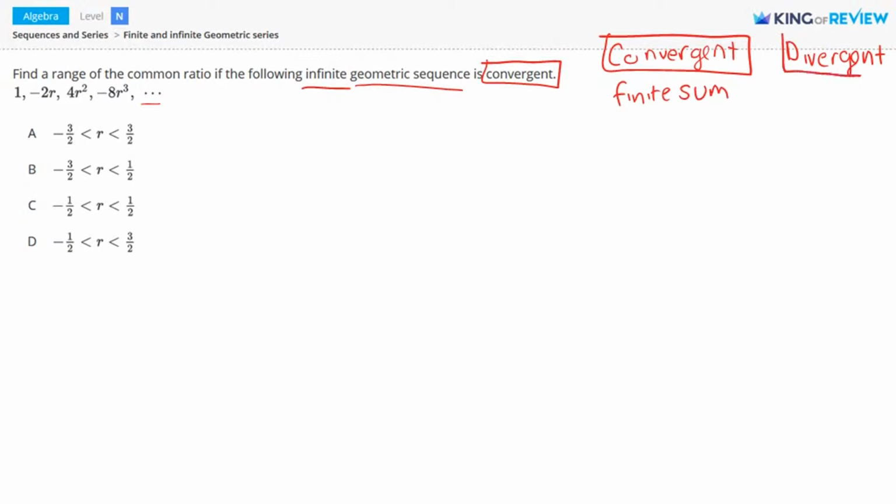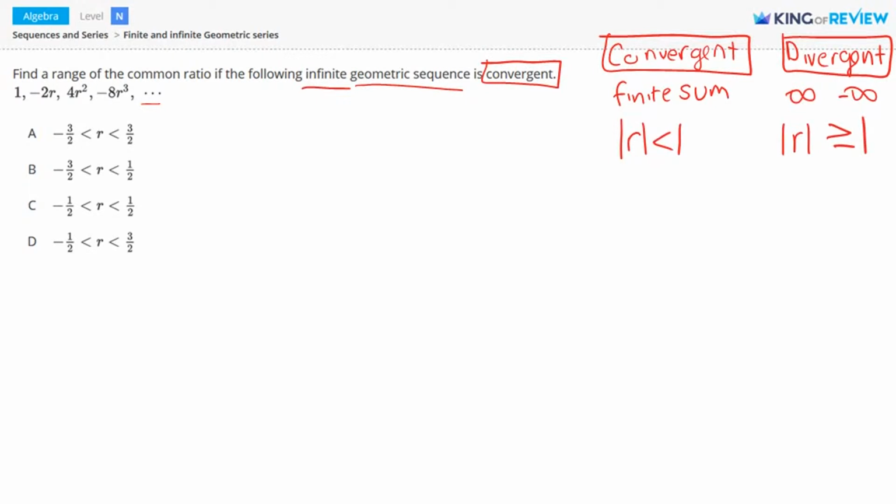But if it's divergent, the sum approaches or goes to infinity or negative infinity. Each of these types of series has a condition that must be met. For a convergent series, the absolute value of r must be less than 1. But for a divergent series, the absolute value of r must be greater than or equal to 1.